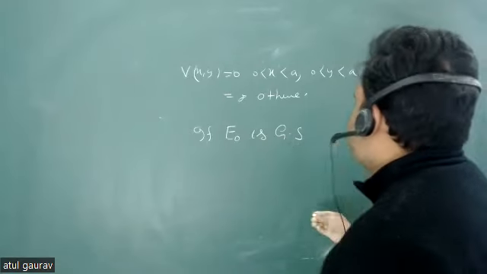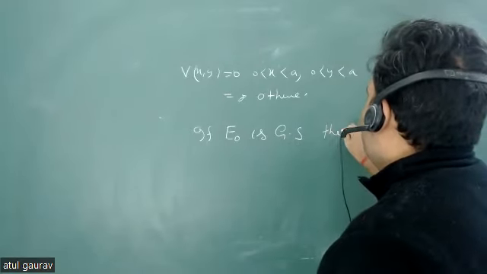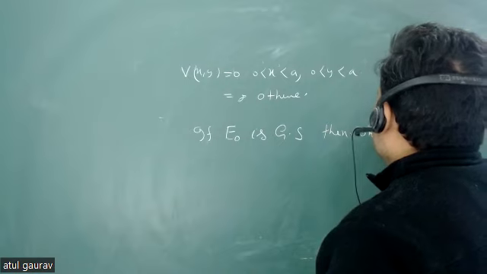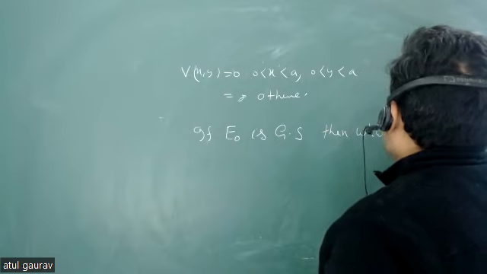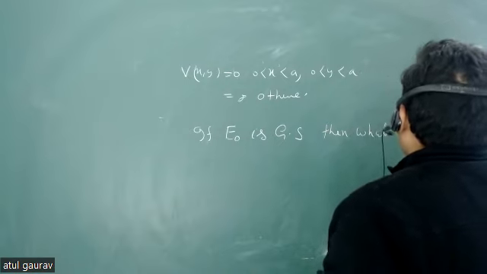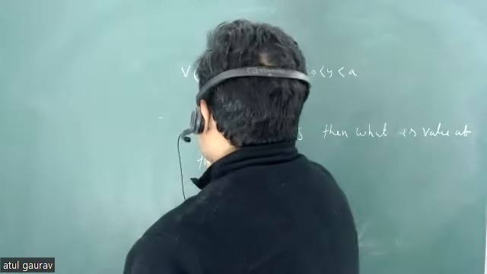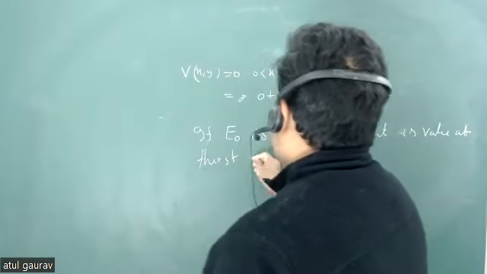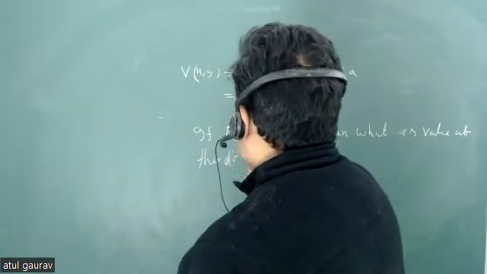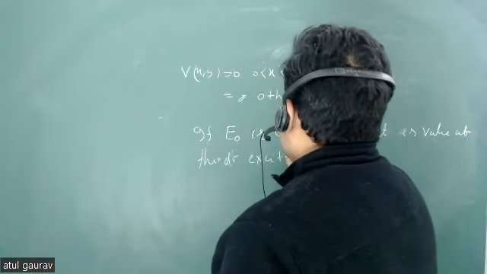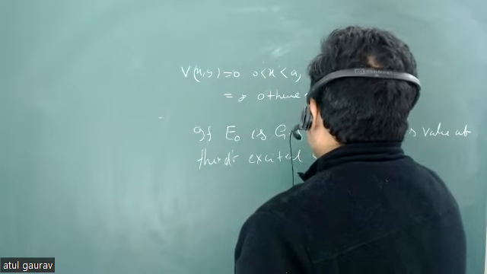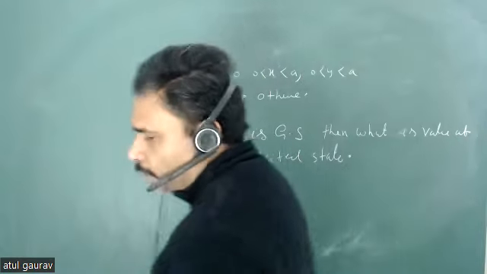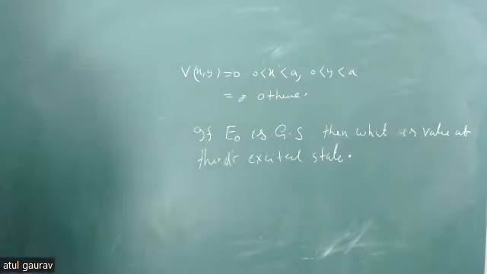If E naught is the ground state, then what is the value of the third excited state? What will be the value of the third excited state, if E naught is the ground state?